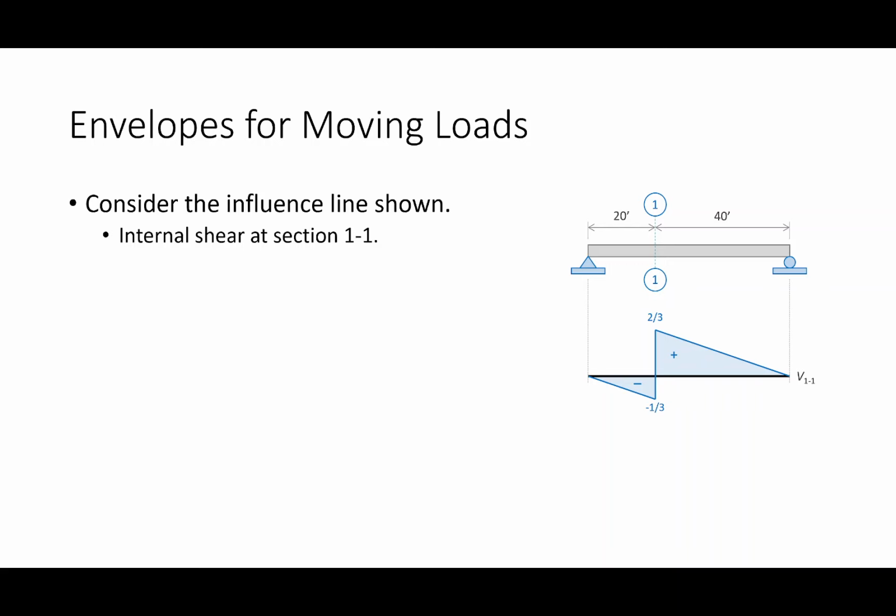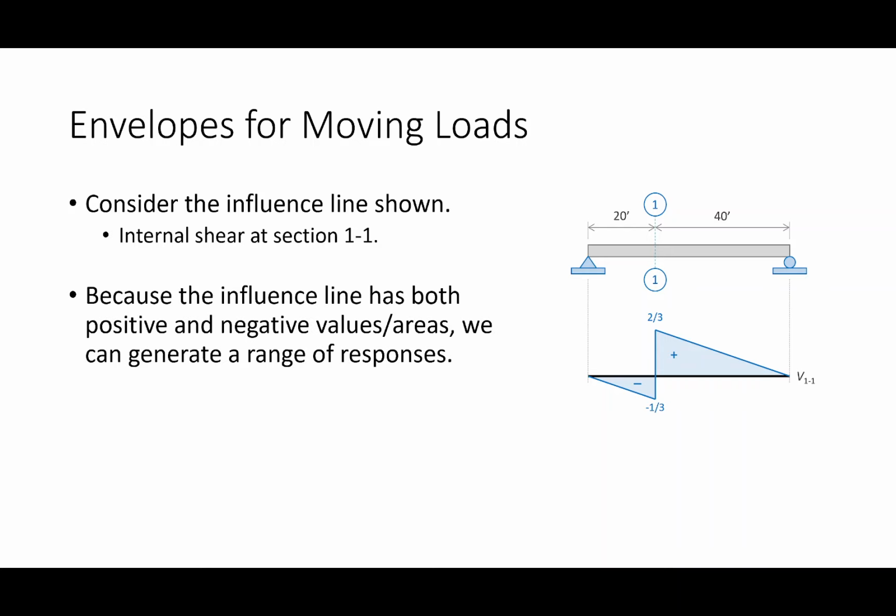Okay, so let's consider this beam here. I've got a simply supported beam, and I've drawn an influence line for the internal shear at section 1-1. So me just giving this to you, are you all okay with this? Okay, that makes sense? We have the jump, constant slope, negative 1/3, 2/3.